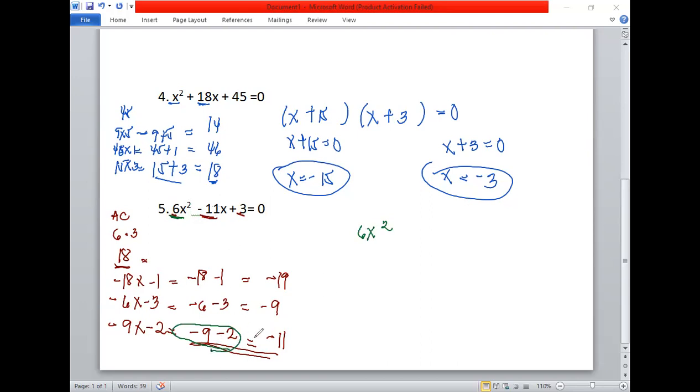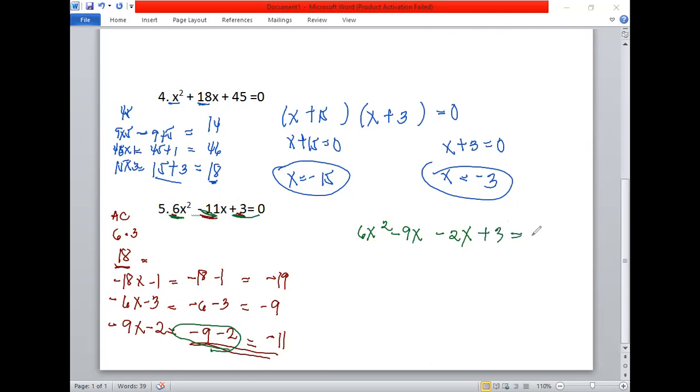So we have negative 9x, and then negative 2x. Okay, negative 9 and negative 2. Lalagyan lang natin siya ng x. Sasamahan lang natin siya ng x. Okay, dahil napaghiwalay na natin si negative 11x as negative 9x minus 2x, isusulat naman po natin yung last term, which is positive 3 is equal to 0.